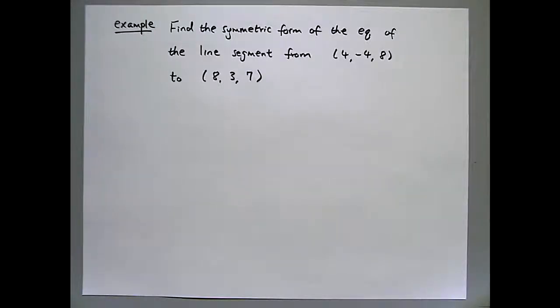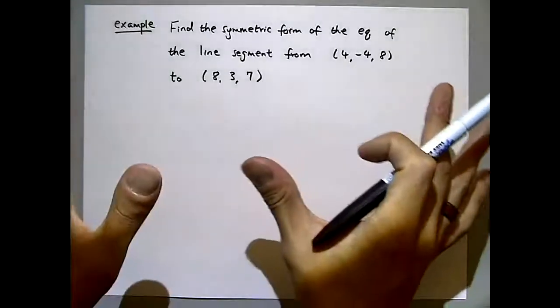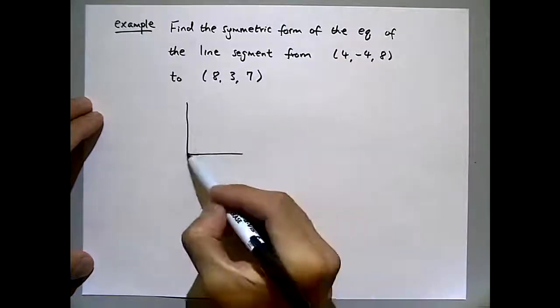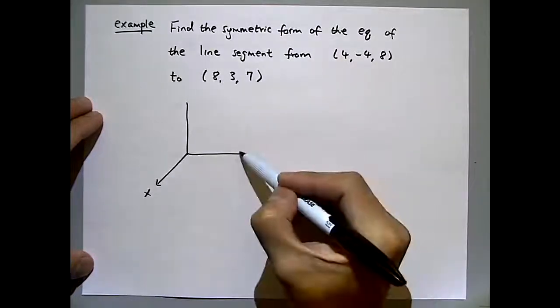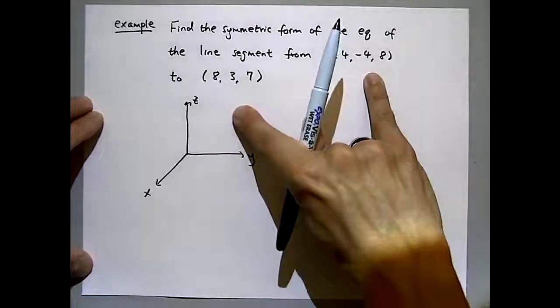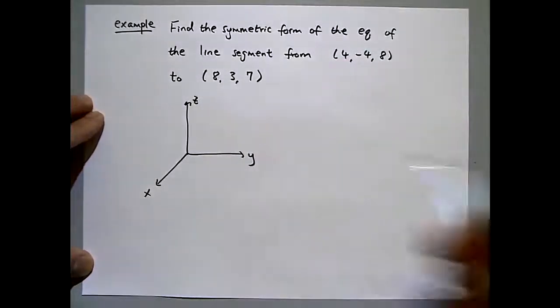This is equivalent to saying find the equation of a line between 2 points. You did problems like that with a two-dimensional line, right? They give you 2 points, you can find the slope, and you can find the equation of the line. Same thing here. We still need the same thing we needed before: 1 point, which we actually have 2, and the direction of that line.